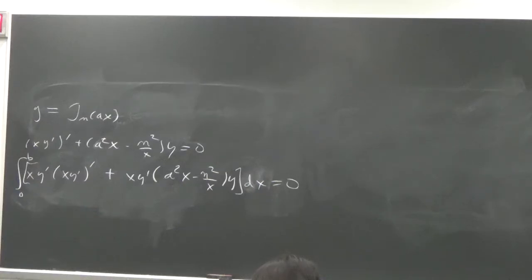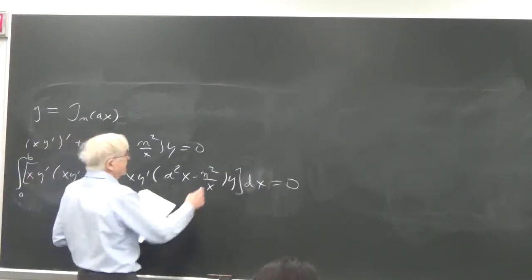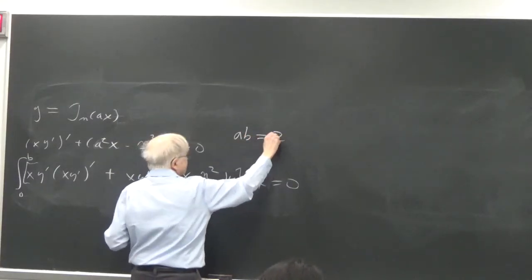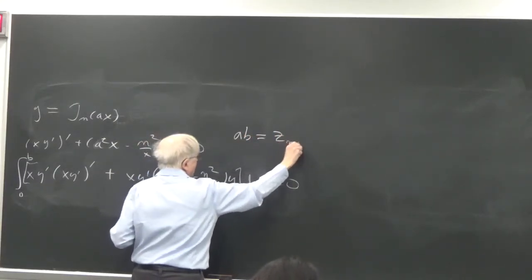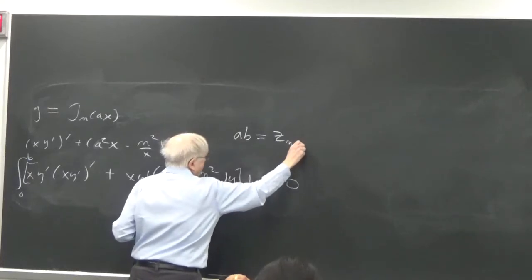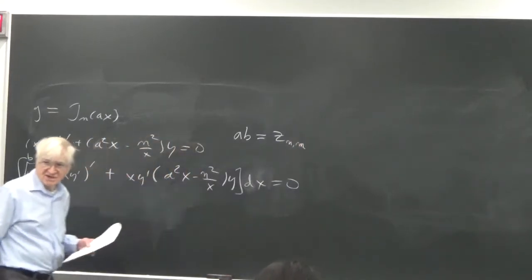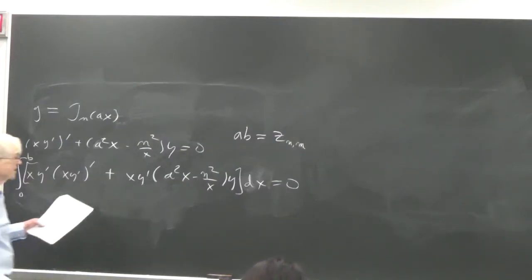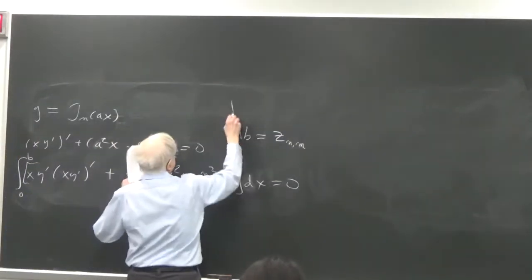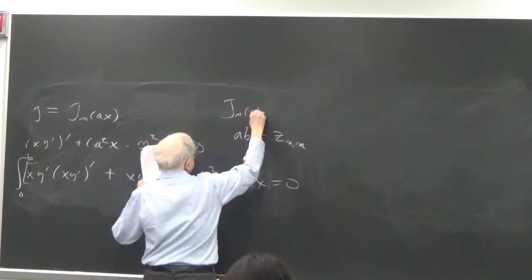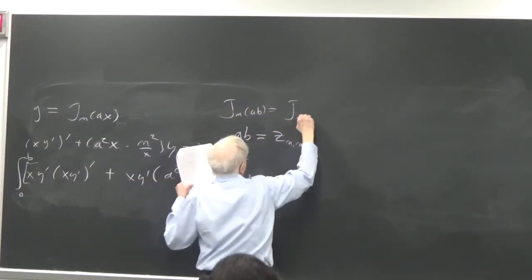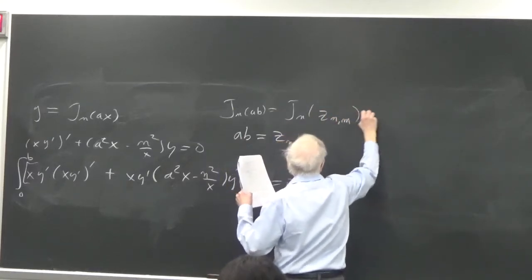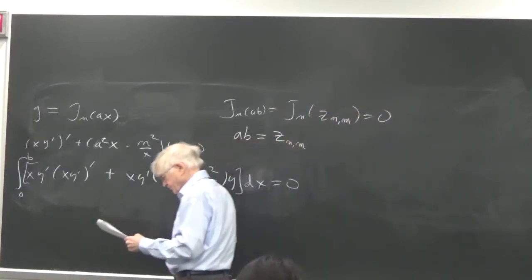And then what we're going to do is set AB equal to the mth zero of the nth Bessel function. That is to say, Jn of AB is Jn of Znm, and that's equal to 0.